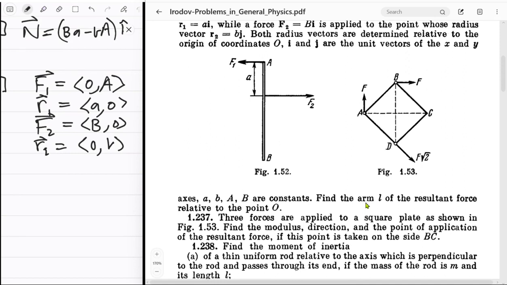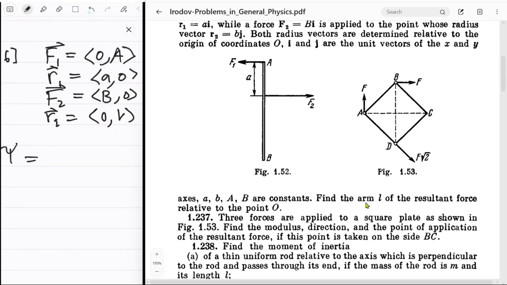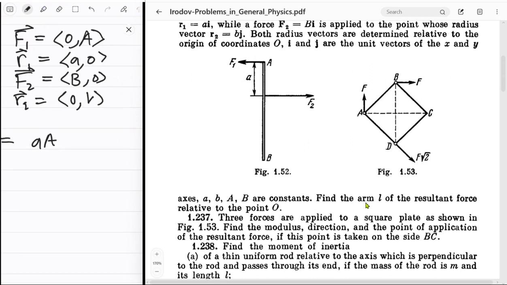Fine, just figure out the torque. Our torque is M in the k hat direction. We'll think of it as a scalar because it's always in the k hat direction for planar motion. So R1 cross F: Ai hat and then Aj hat is just AA, and then this is in the opposite direction, so j hat cross i hat is just minus BB.